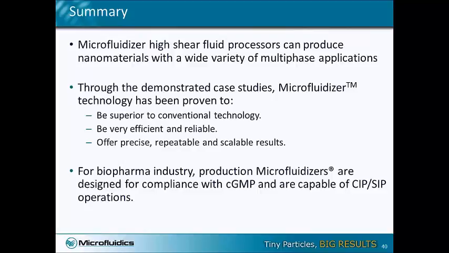We're very efficient and reliable. The Microfluidizer offers precise, repeatable, and scalable results. Lastly, for the biopharma industry, the production Microfluidizers are designed for compliance with cGMP and are capable of CIP and SIP operations.